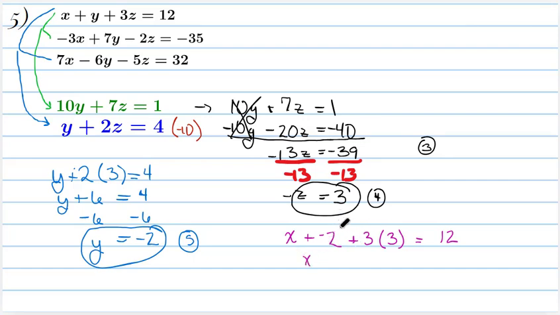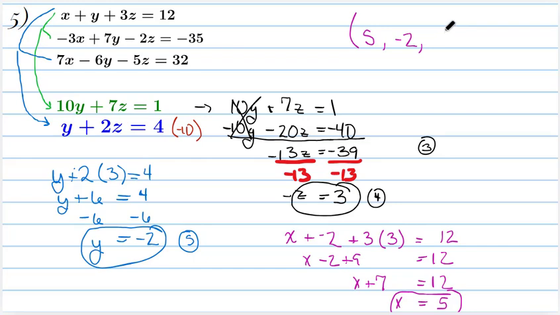So negative 2 plus 9 is equal to 12. So x plus 7 is equal to 12. So x is equal to 5. So I now have x, y, and z. So my solution is 5, negative 2, and 3.